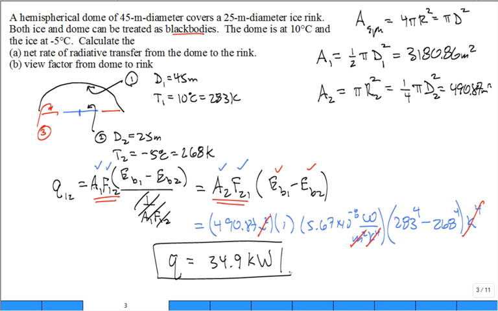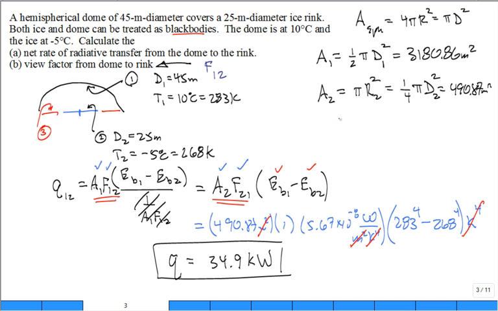How about the answer to part B? What is the view factor from the dome to the rink? What are they asking you to calculate for part B? F1 to 2. True? And you're just going to use reciprocity.